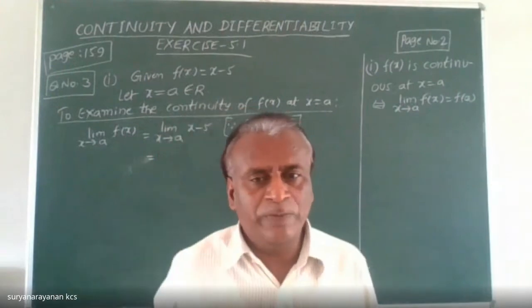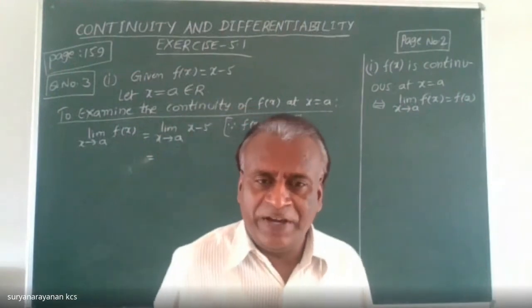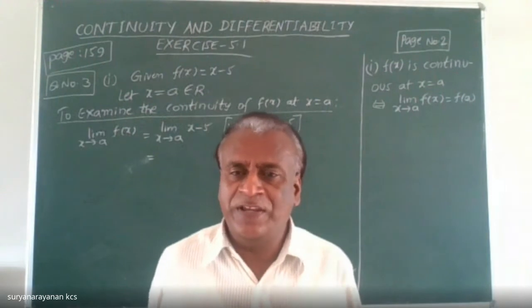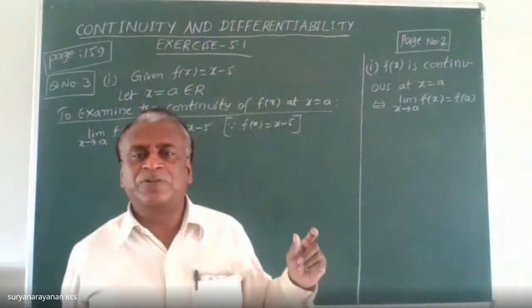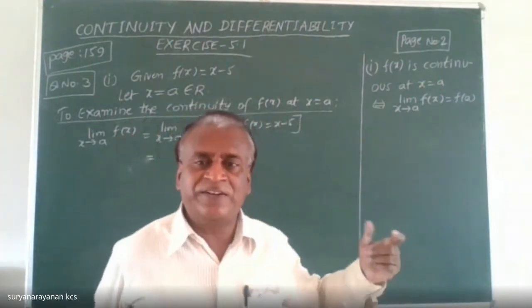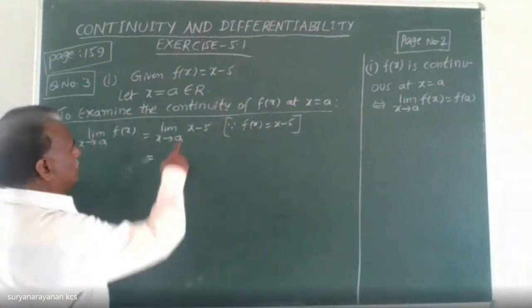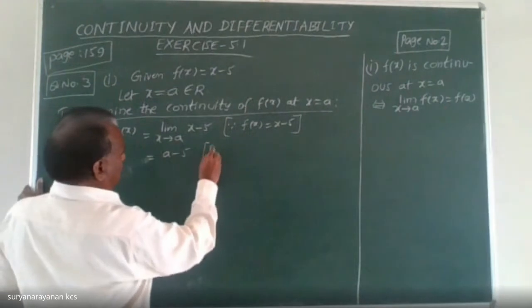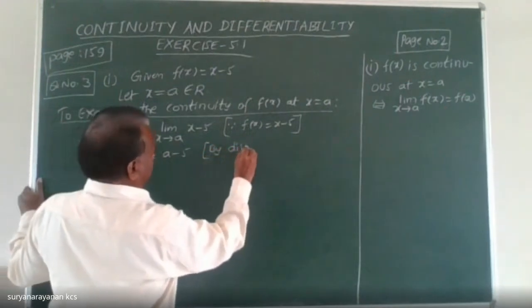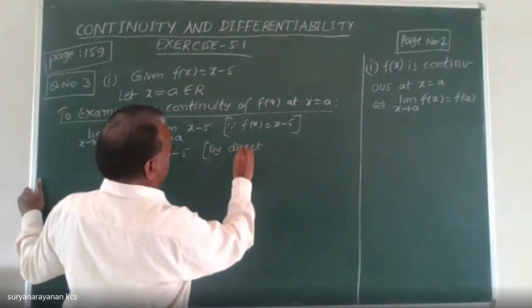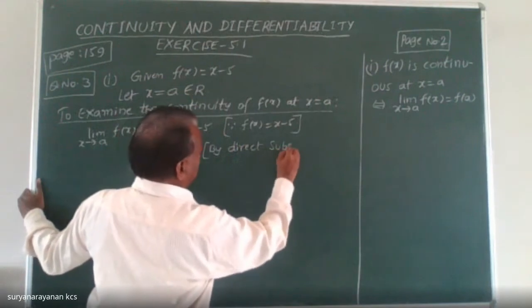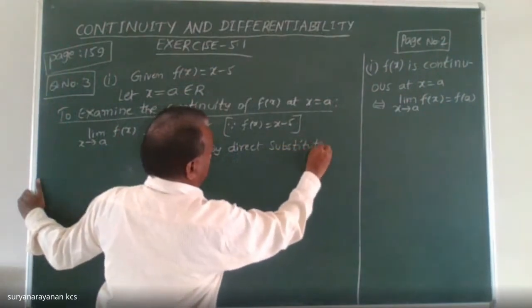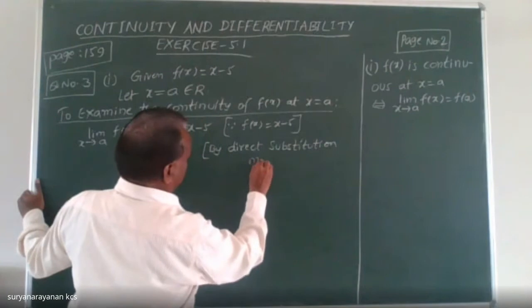Previously also I told you many times, when you are finding the limit of a function at a given point, the first and foremost method is direct substitution. So in the place of x, we write a minus 5 by direct substitution method.